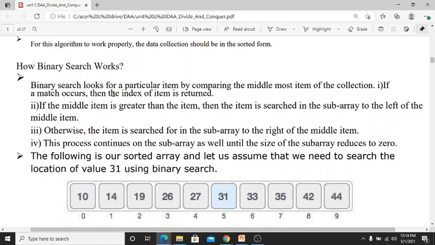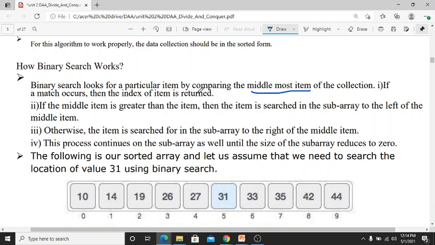Binary search looks for a particular item by comparing the middlemost item of a collection. If a match occurs, then the index of the item is returned.